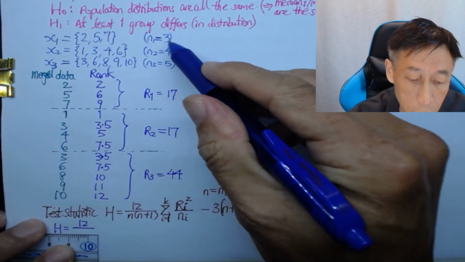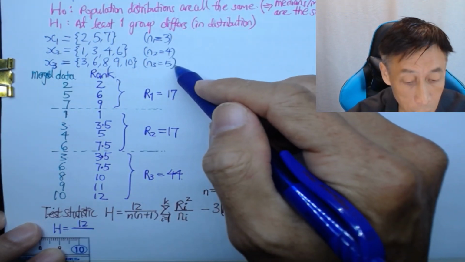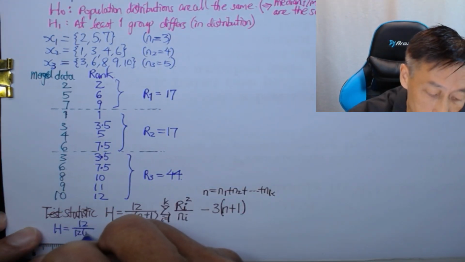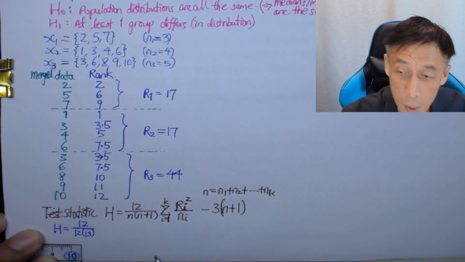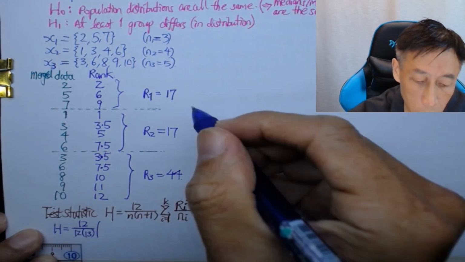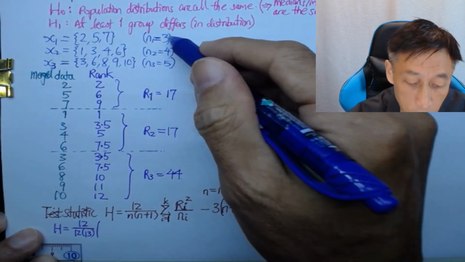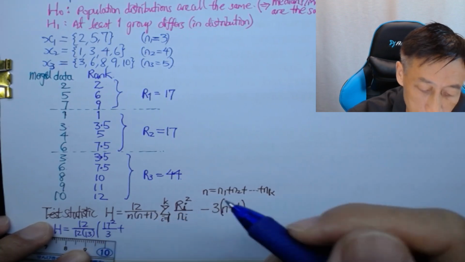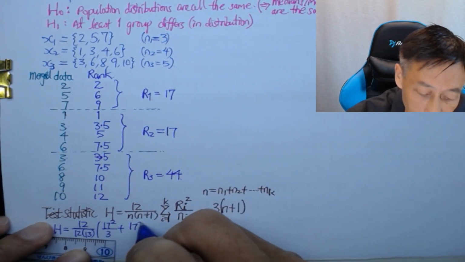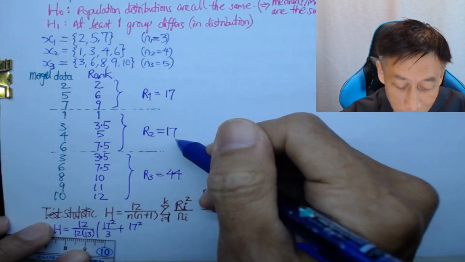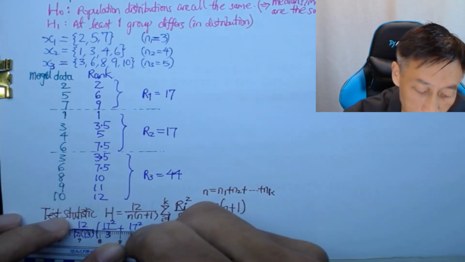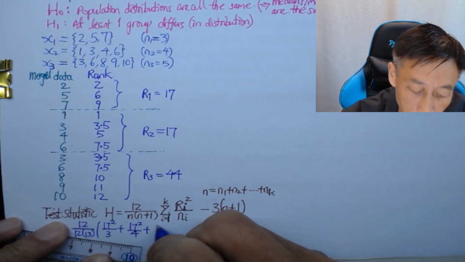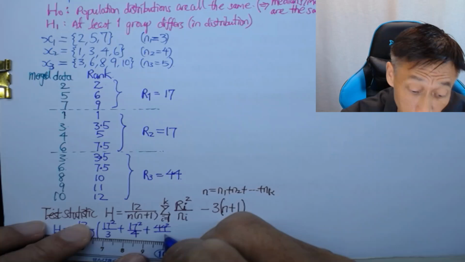Our n is 3 plus 4 plus 5, that's 12, so n plus 1 is 13. Then the sum of 17 squared over 3, plus 17 squared again, but this is R2 over 4, a different R2, not R1, and 44 squared over 5.